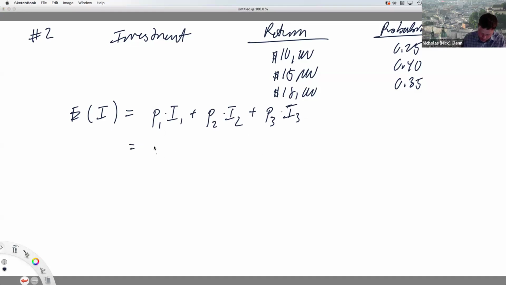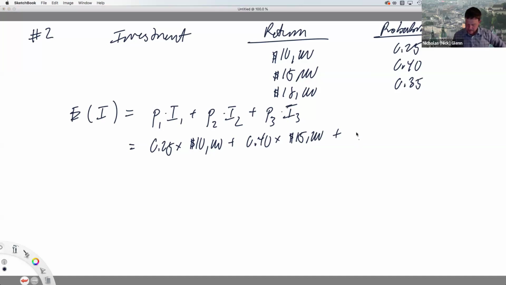So P1, that'll be 0.25 times the return $10,000. So a 25% chance you get $10,000. 40% chance, so 0.40, you get $15,000. And lastly here, there's a 35% chance you get $18,000.